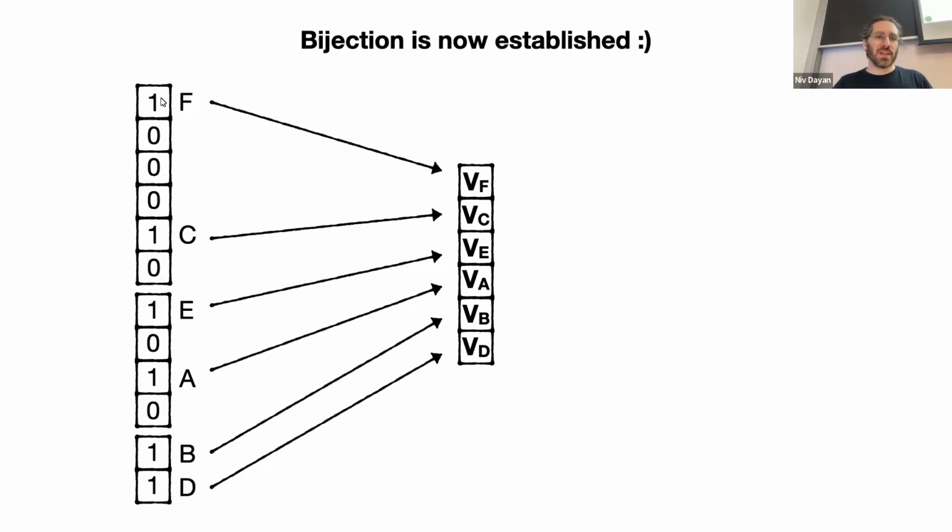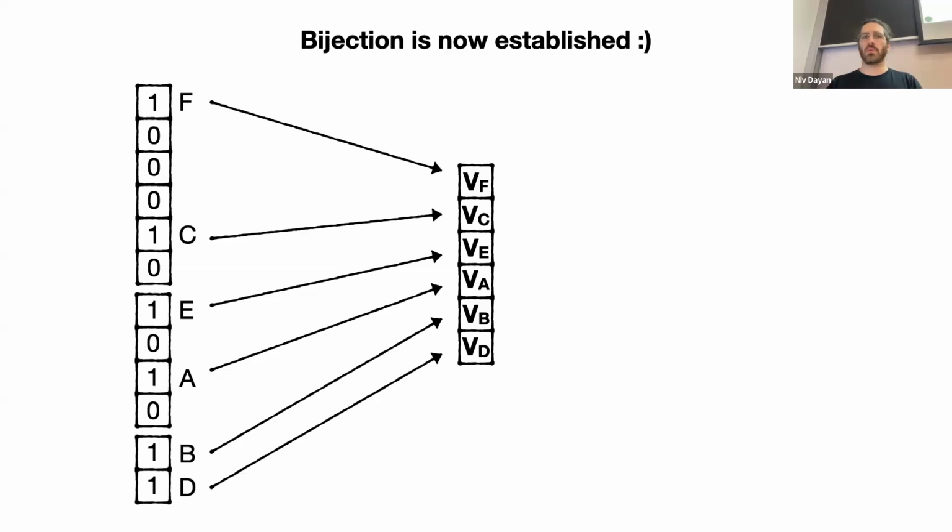In this order of the ones, the first one corresponds to the first slot, the second one corresponds to the second slot, and so on. So this is the value corresponding to F, this is the value corresponding to C. This is our mapping.